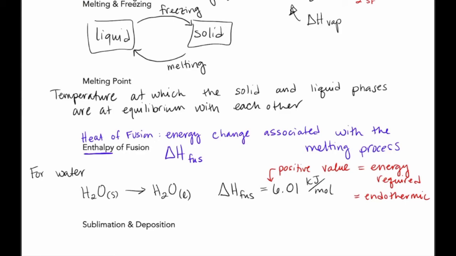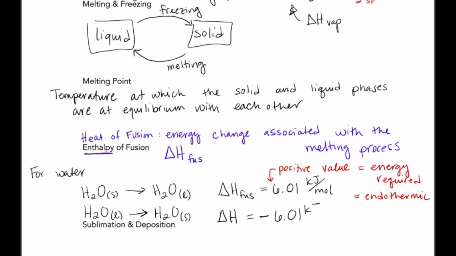And we're going to see something similar when we switch the processes as we did earlier. If I instead look at the opposite transition, from a liquid back to a solid, like freezing liquid water, we have to remove energy from the system for it to solidify. And so that delta H is going to be negative. We have to remove the energy.